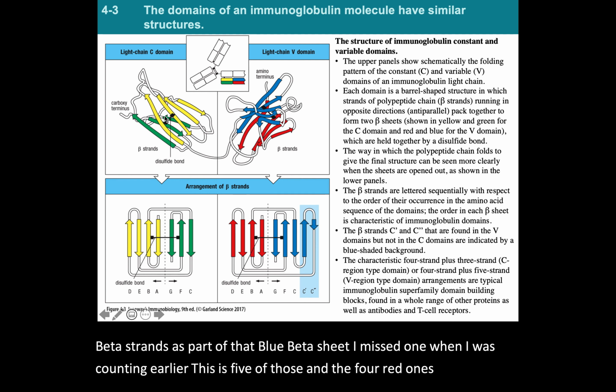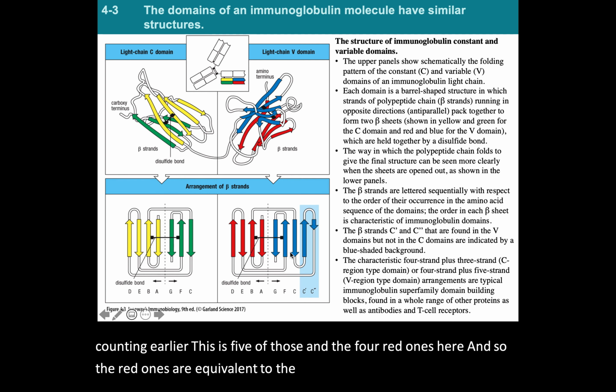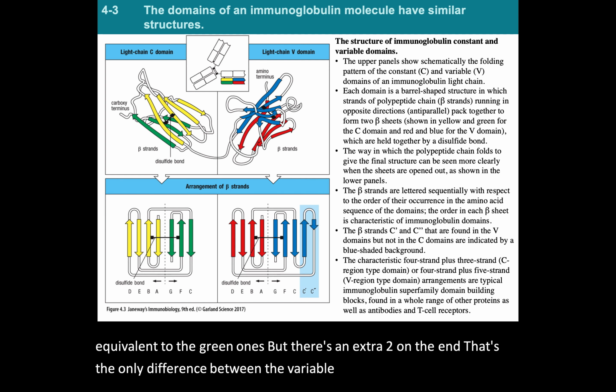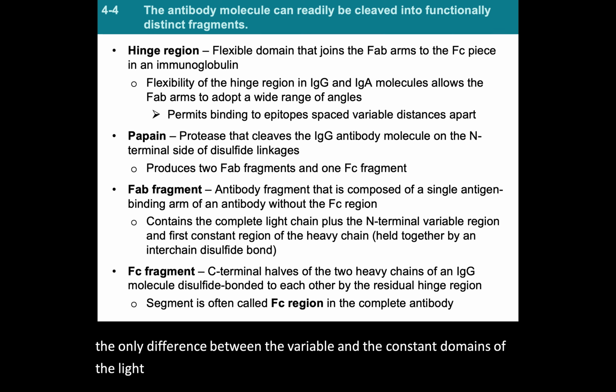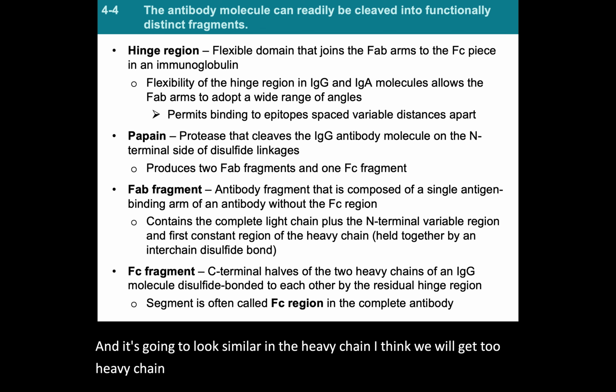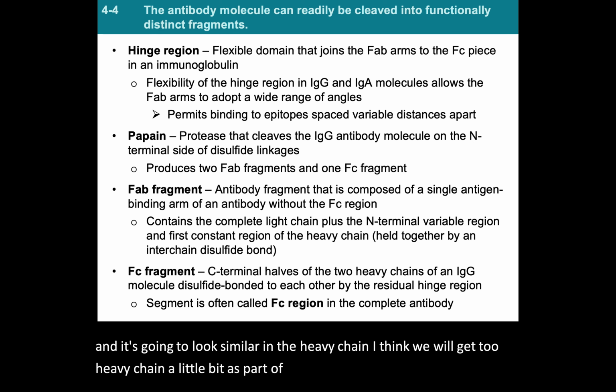And so the red ones are equivalent to the yellow ones, and the blue ones are equivalent to the green ones, but there's an extra 2 on the end. That's the only difference between the variable and the constant domains of the light chain. And it's going to look similar in the heavy chain. I think we will get to the heavy chain a little bit as part of a whole antibody.